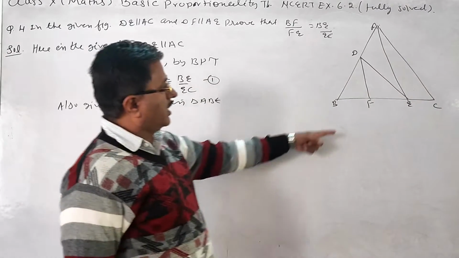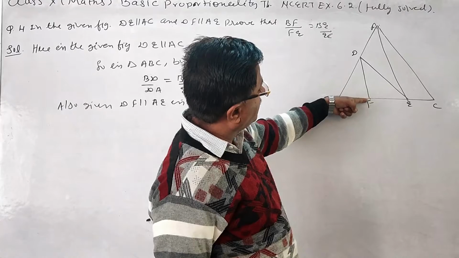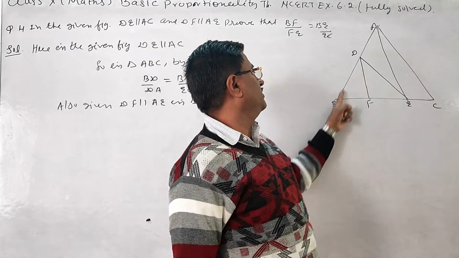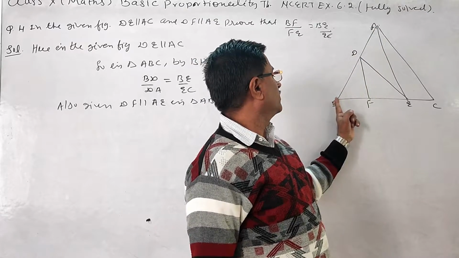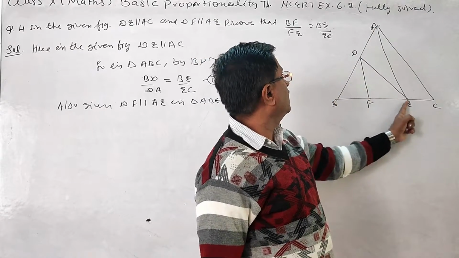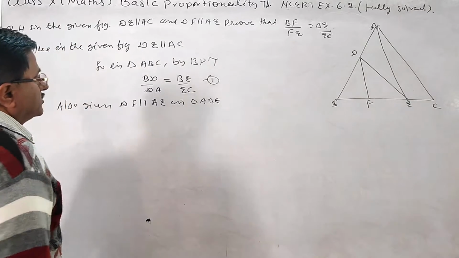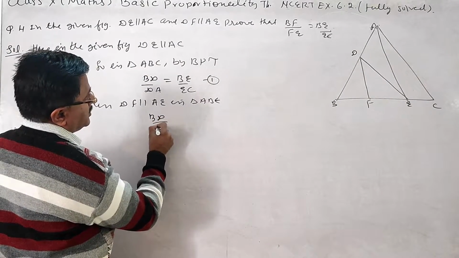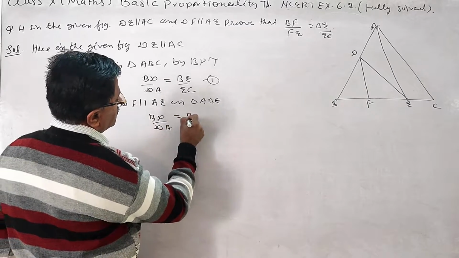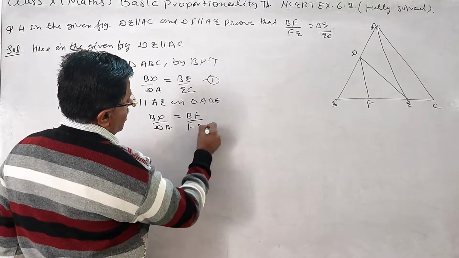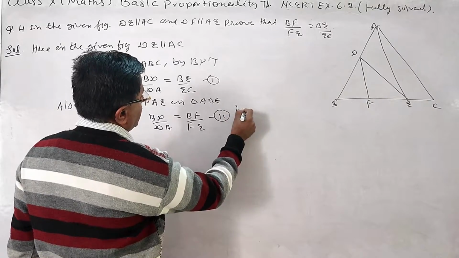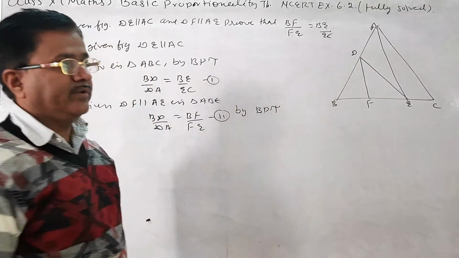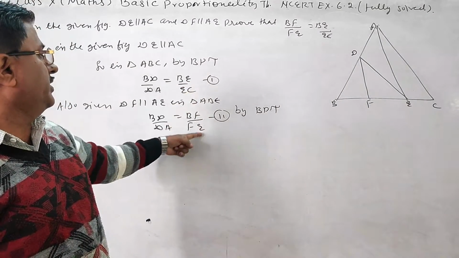In this triangle, if DF is parallel to AE, then by BPT, BD upon DA equal to BF upon FE. So we can write BD upon DA equal to BF upon FE by the basic proportionality theorem. This is equation 2.